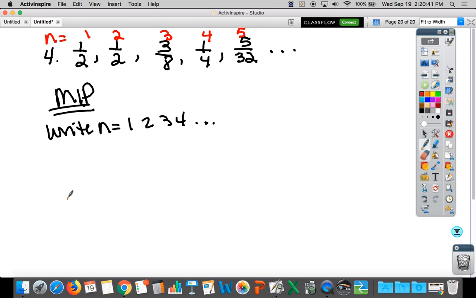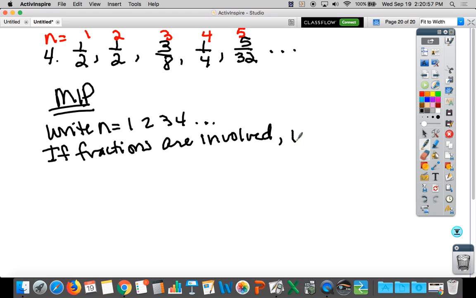If fractions are involved, unsimplify. That's a must. Any fractions involved at all, unsimplify.